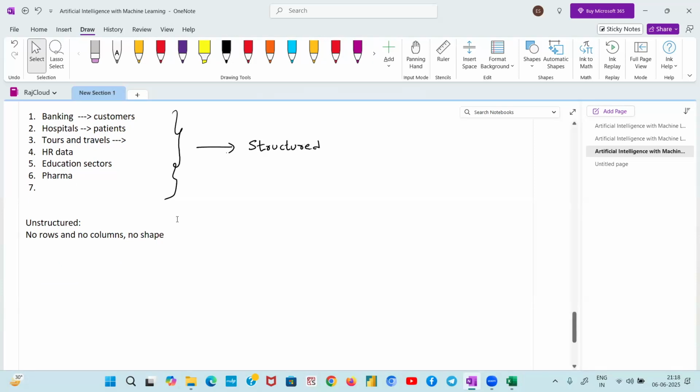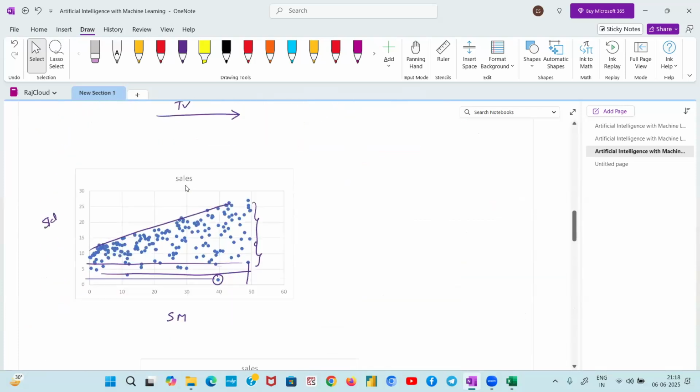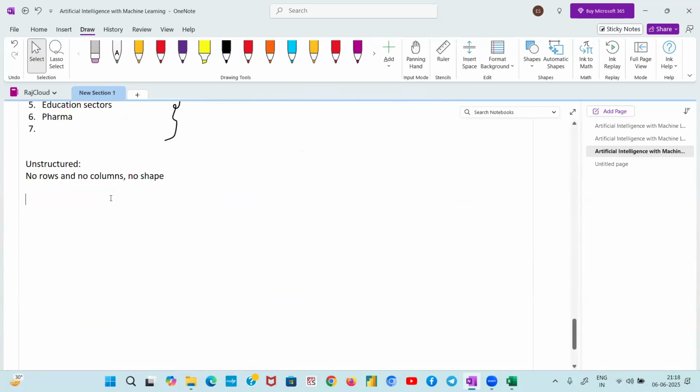Like the notes I'm currently writing in front of you, this is also some kind of unstructured notes. Any PDFs, PowerPoints, Office documents, so many things.